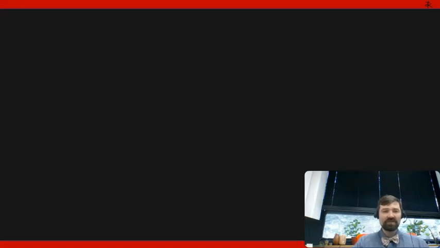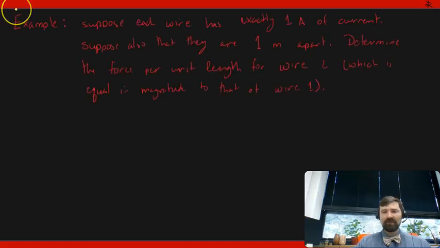Now from here we can actually do a sort of example, but it's really more of a how is it that this helps us define the unit of the ampere. Alright, suppose that each wire is carrying a current of exactly 1 amp, and suppose further that they are exactly 1 meter apart. We want to determine how much force per unit length is acting on one of the two wires. They should have the same force per unit length magnitude-wise.